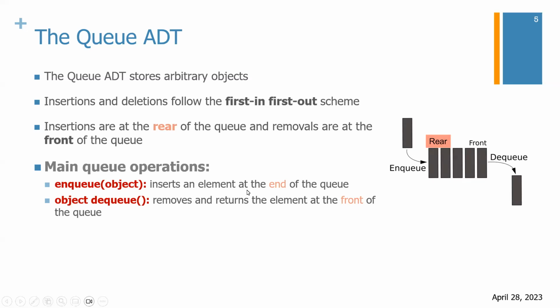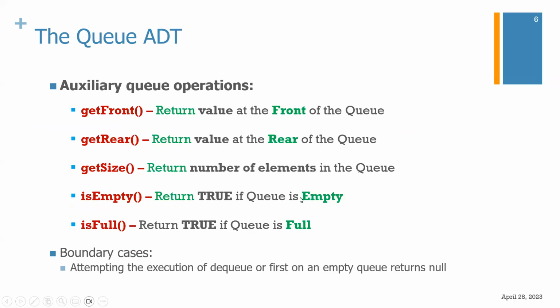We have two main queue operations: enqueue and dequeue. Enqueue means to insert new elements into the queue, but dequeue means to remove elements from the queue. Enqueue is at the rear, and dequeue is from the front. Let us see the set of operations for a queue: get front, get rear, get size, is empty, is full.